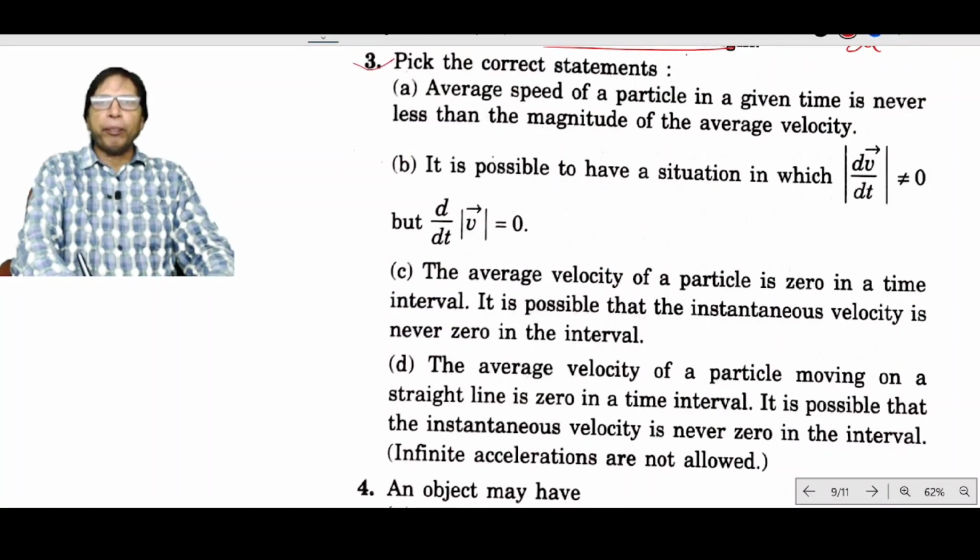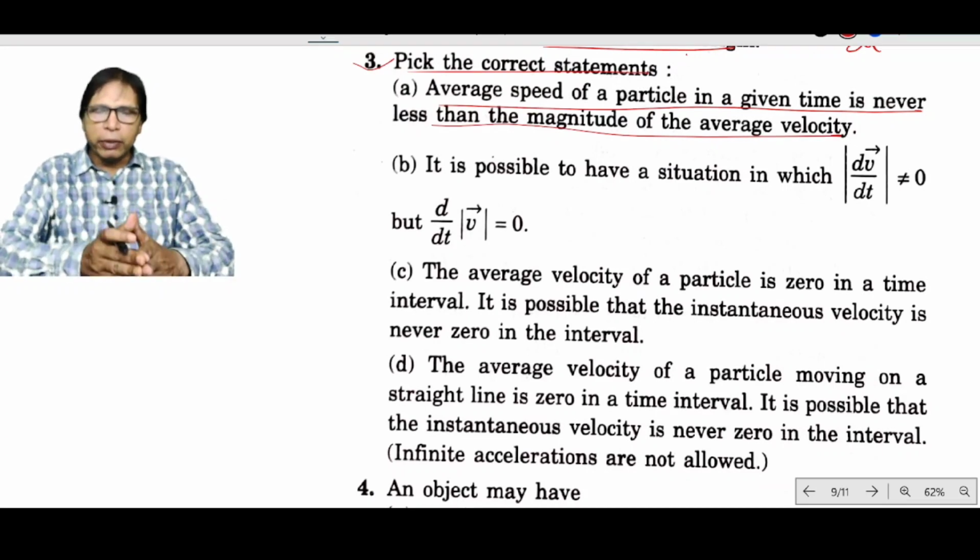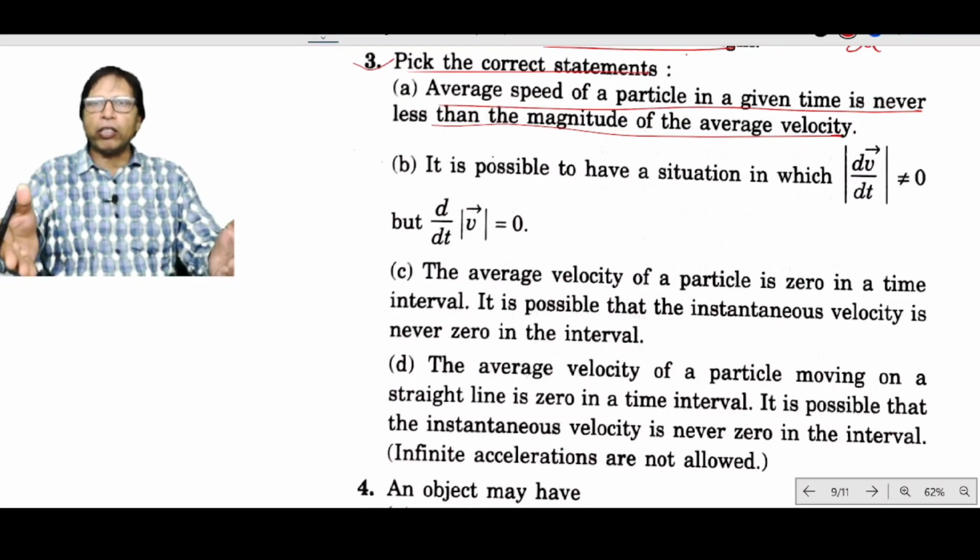Now question number 3. Pick the correct statement. The average speed of a particle in a given time is never less than the magnitude of average velocity. Yes, the average speed is greater than or equal to the magnitude of average velocity.